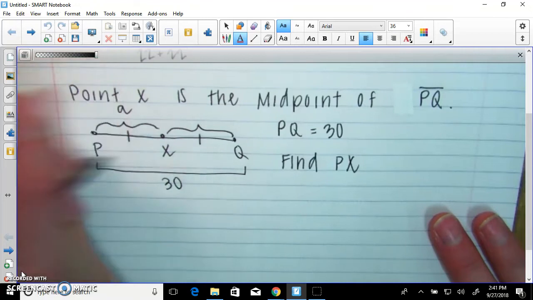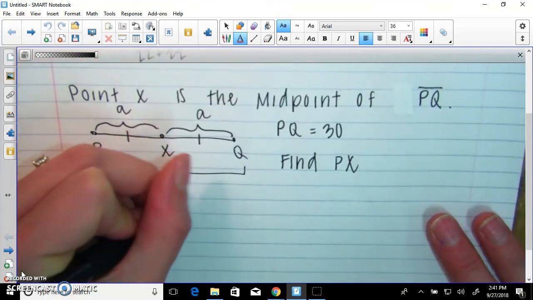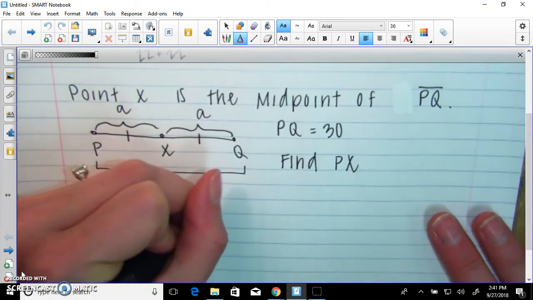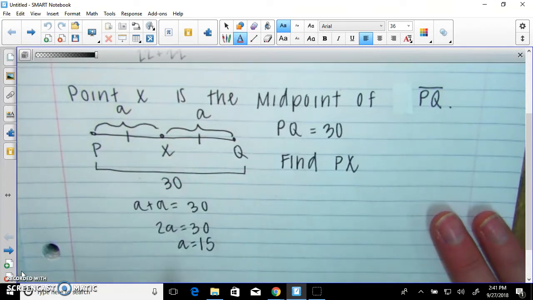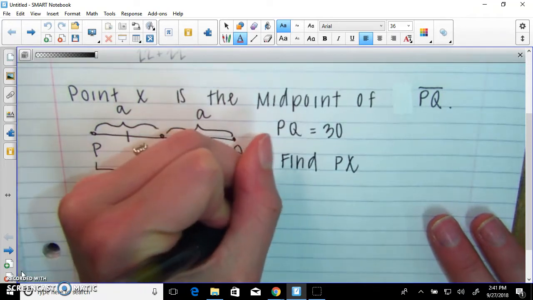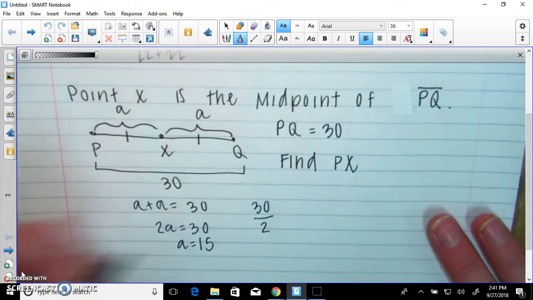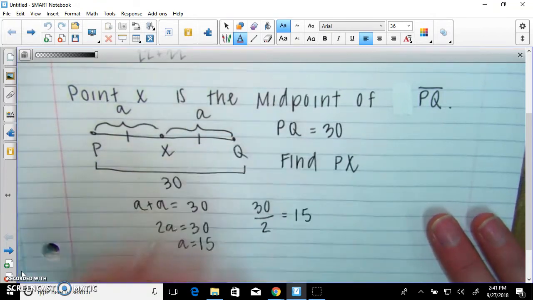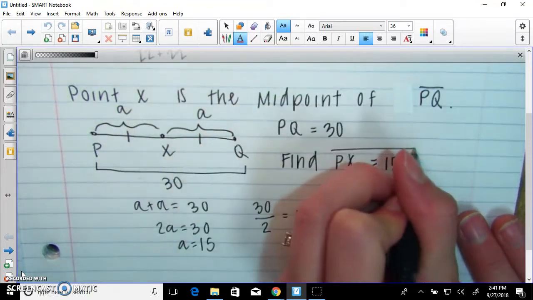Let's say this is A, this also is A. Therefore, A plus A equals 30, or 2A equals 30. A would be 15, right? If you don't want to do it algebraically like that with a variable, you could just think, well, I know that the whole is 30. If I cut it in half, that gives me my value for PX, which is 15. So either way you want to do it, PX is equal to 15 for our final answer.